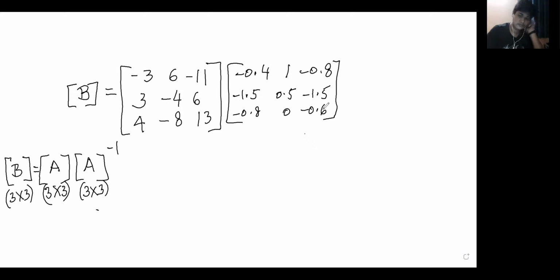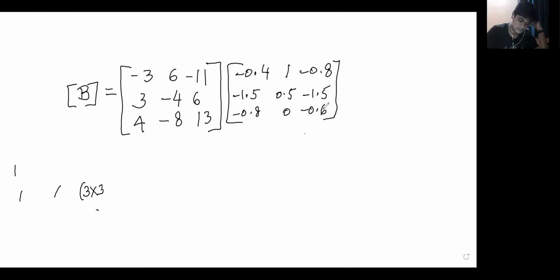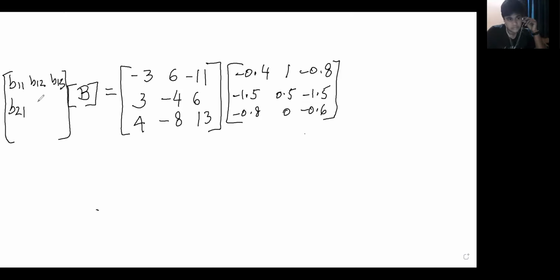Minus 1.5. You're able to follow? Now, since B is 3 by 3, we'll have to find B11, B12, B13, B21, B22, B23, B31, B32, B33.